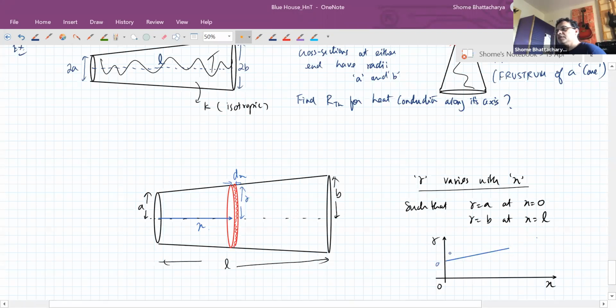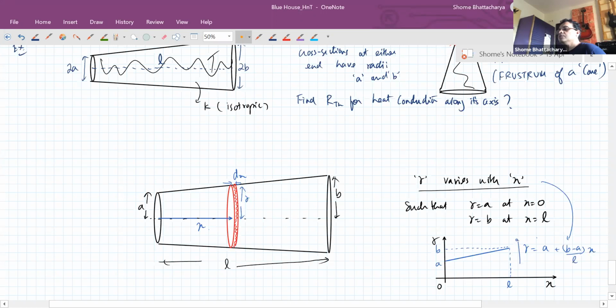The radius varies between a and b as you go along the axis from x equal to 0 to x equal to l. So from this, the relationship between r and x is such that r will become a plus (b minus a) by l into x.